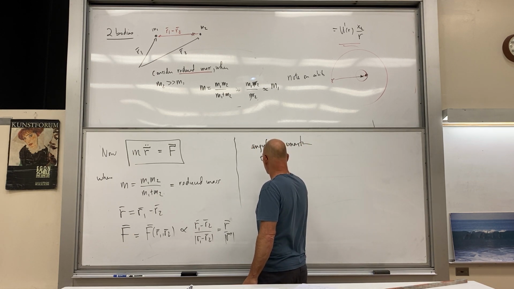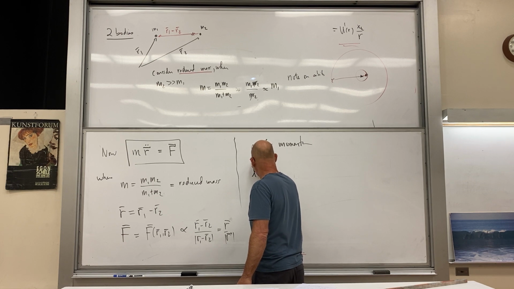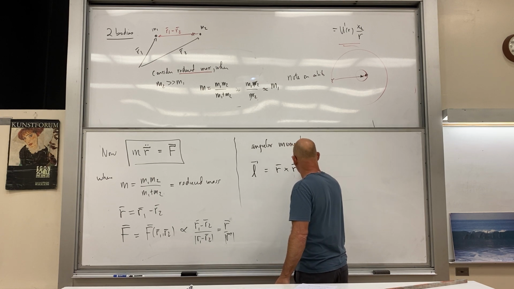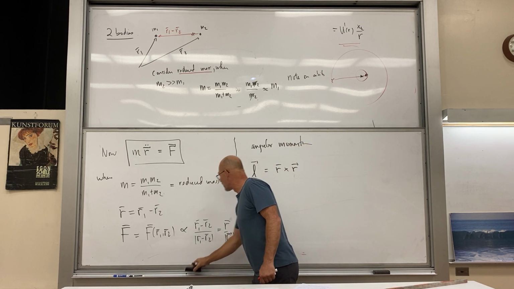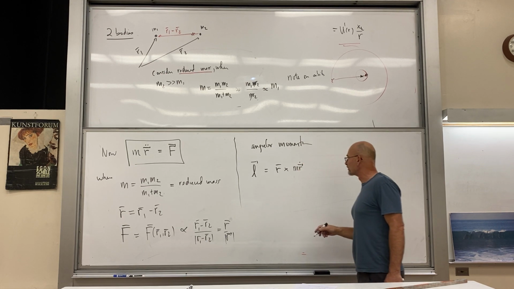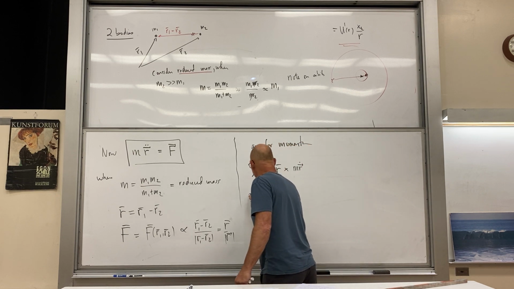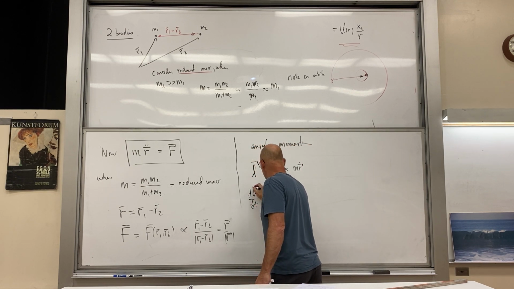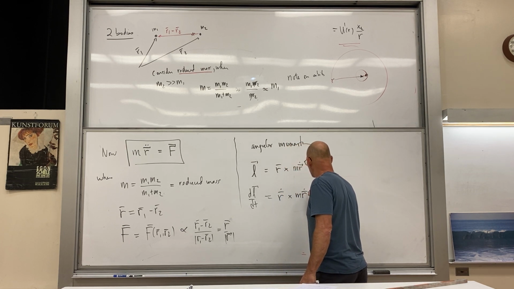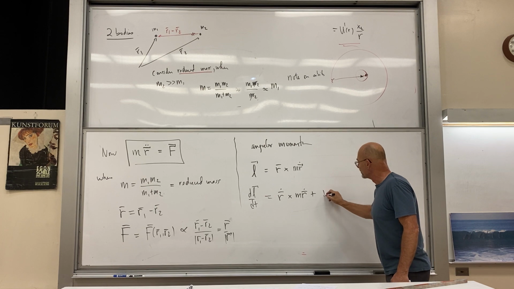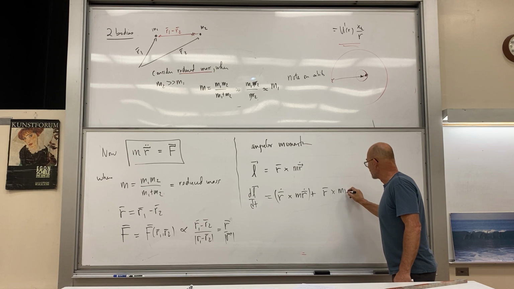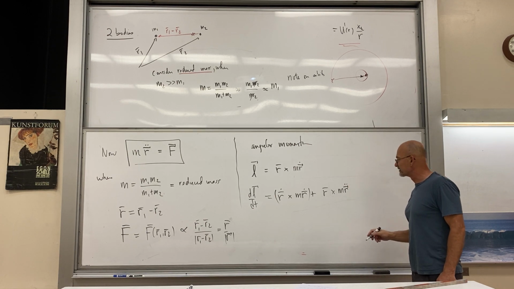We'll call L equal to R cross P, that is R cross M R dot. Then dL/dt is R dot cross M R dot, just doing a product rule now, plus R cross M R second derivative.